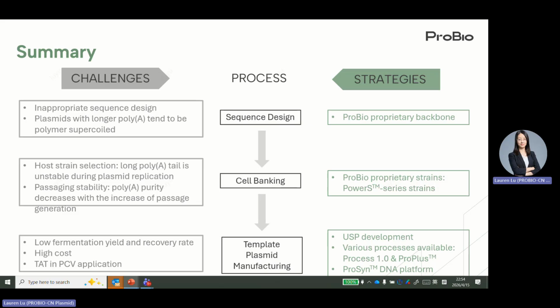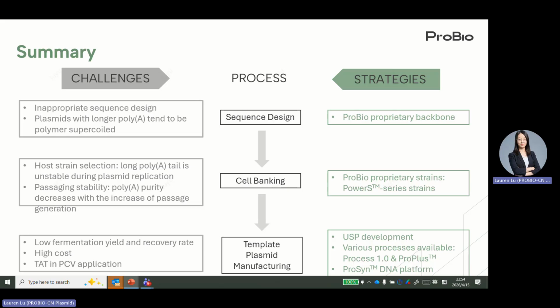So finally, just a summary for this talk. The main challenges to develop and manufacture mRNA template plasmids usually focus on how to maintain the poly A integrity from strain selection to fermentation.